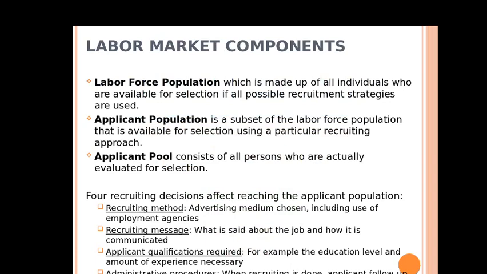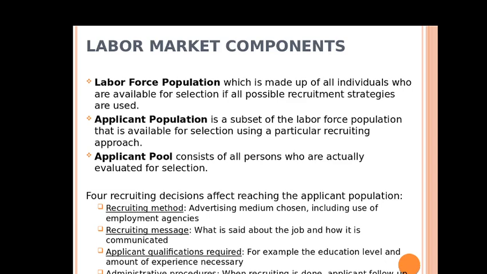Next, the labor market components. So what are the labor market components? First, the labor force population, which is made up of individuals who are available for selection if all possible recruitment strategies are used.